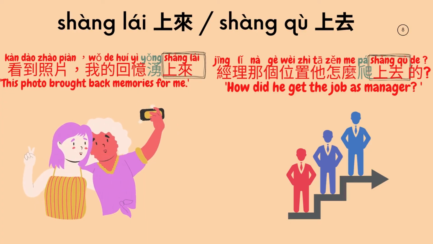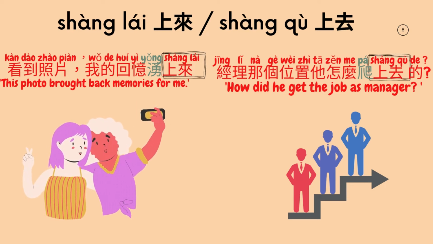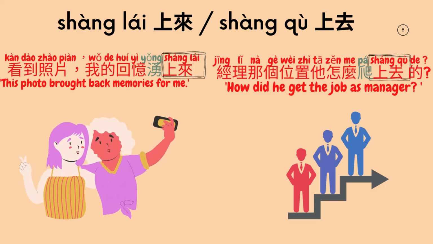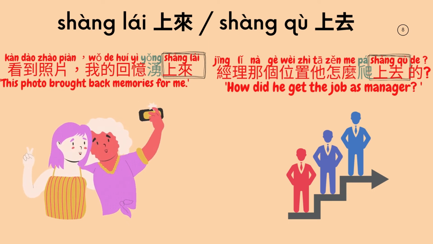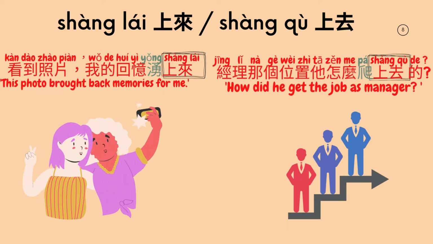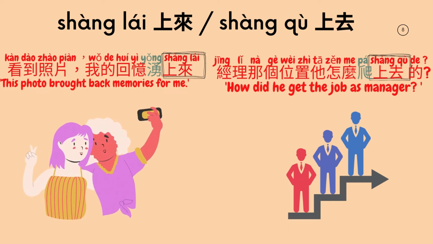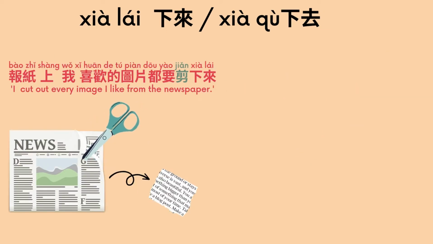The character that comes before the compound direction complement 上去 is 爬. 爬 is a verb that means to crawl. And when combined with the compound direction complement 上去, it means to get a promotion. The next two are 下来 下去.